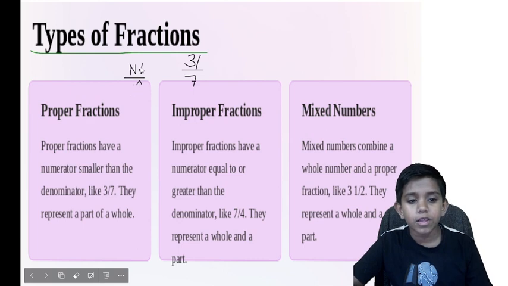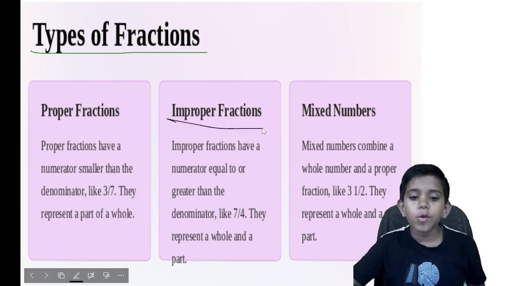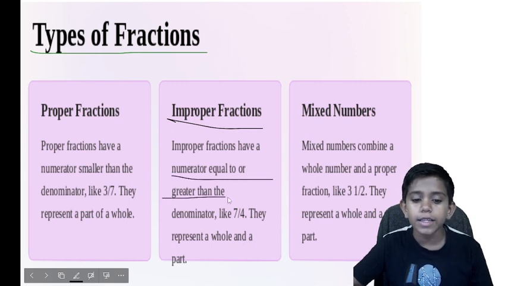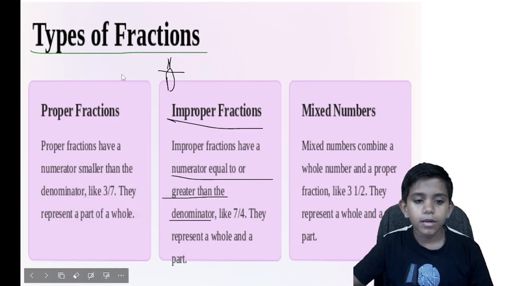Next we will learn about the improper fraction. It is different. Improper fractions have a numerator equal to or greater than the denominator, which means the numerator is greater than the denominator.